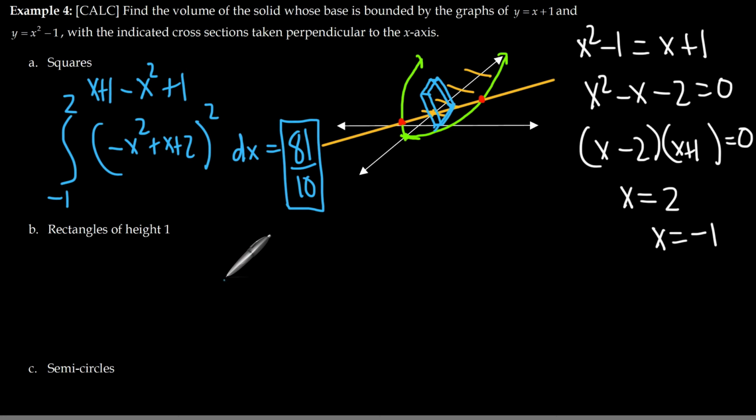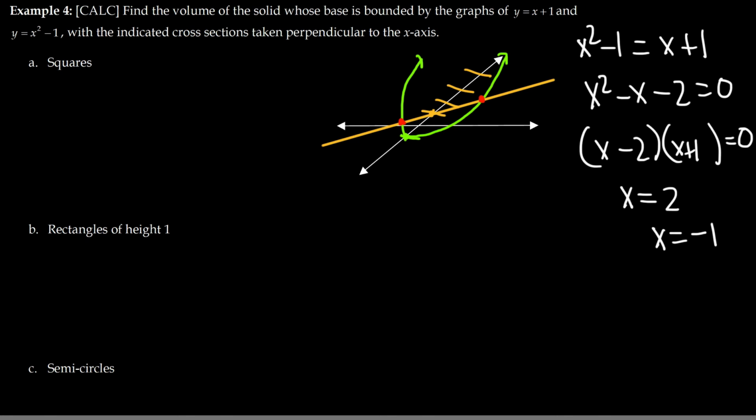All right, now let's do this same exact problem, except this time we are going to use rectangles that have a height of 1. So it's going to be a similar looking shape. Okay, I'm going to draw this, and now it's going to be a rectangle, very similar looking shape, a rectangle with a height of 1.